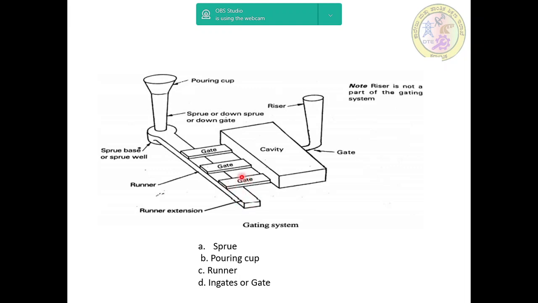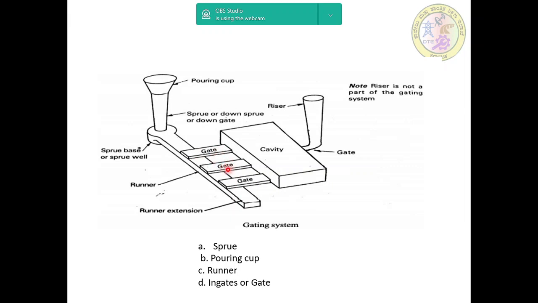And then this is the gate or in-gates. The in-gate or gate is a short passageway which carries the molten metal from the runner to the mold cavity. While pouring, the molten metal will enter the sprue, afterwards the runner, and then will enter the small passage. The three gates are shown here.